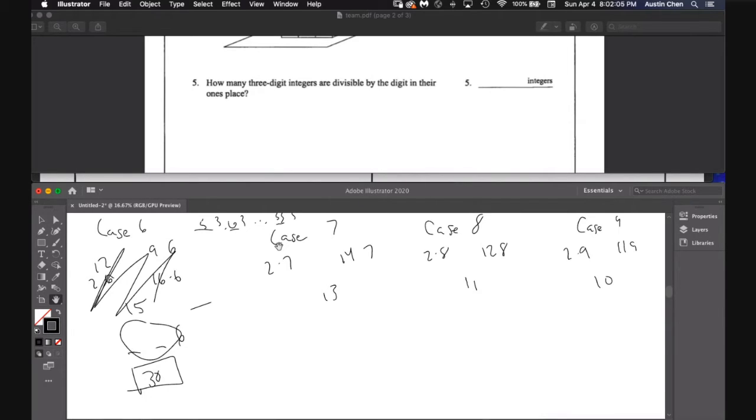So for case 7, the two-digit number of the hundreds digit and tens digit always has to be divisible by 7, right? Right, yes. But how would you explain that? Think about if you take the first two digits as a two-digit number, say 7 times 3, that's 21.